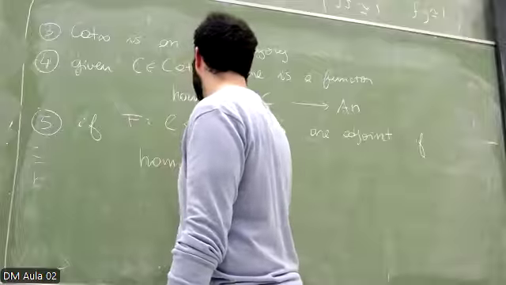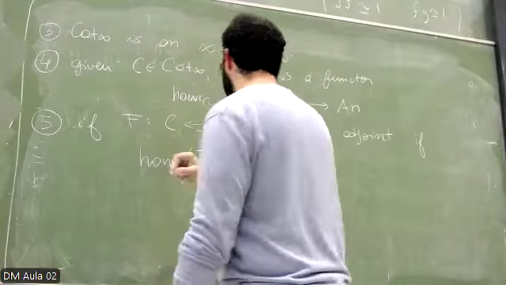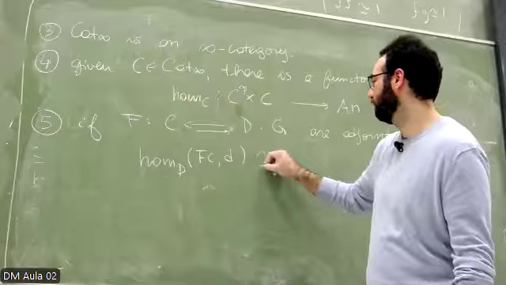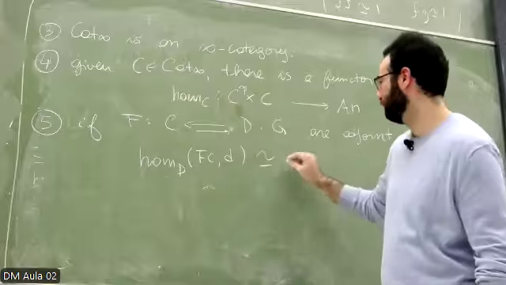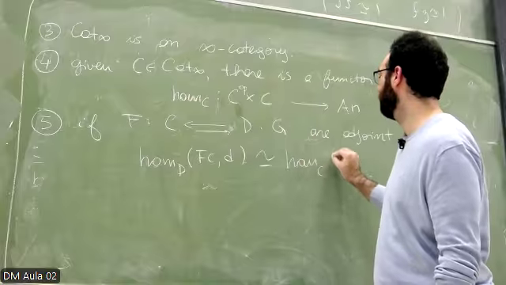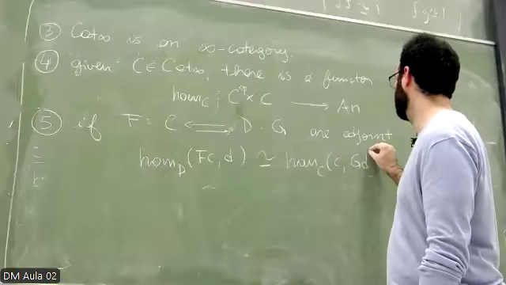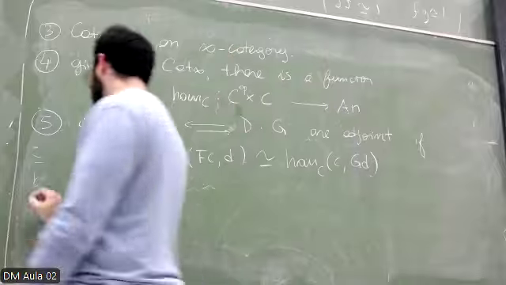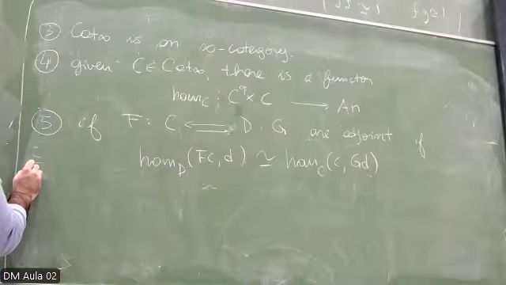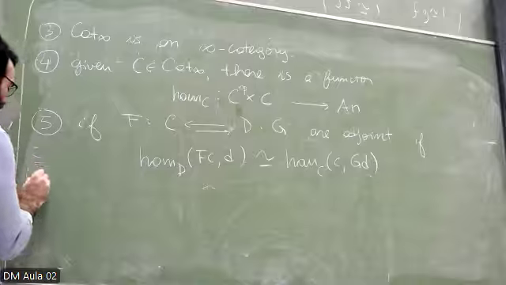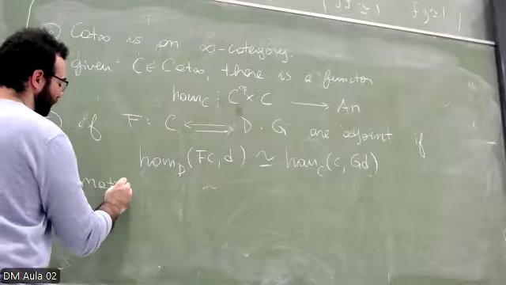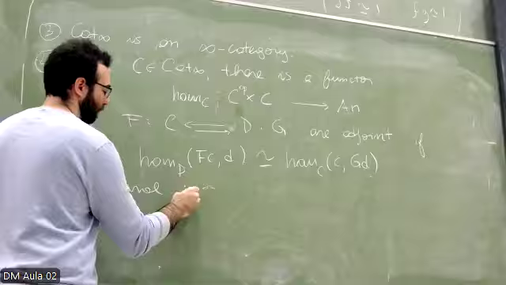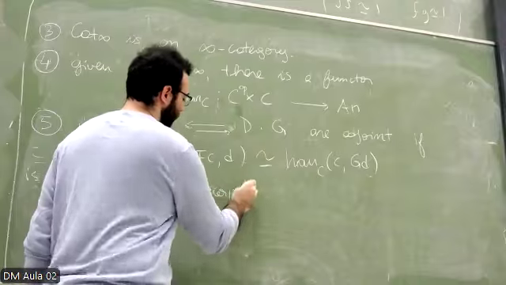So I have Hom(D, F C comma D) has to be, say, homotopy equivalent to Hom(C, C comma G of D) in a coherent way. But this we can actually formalize with what we have already said. So this means that this is a natural isomorphism.